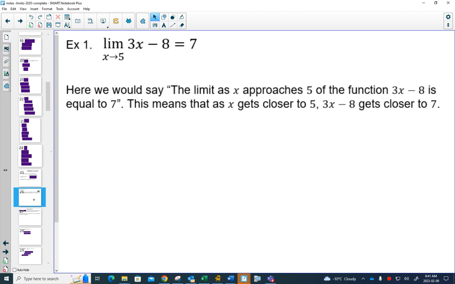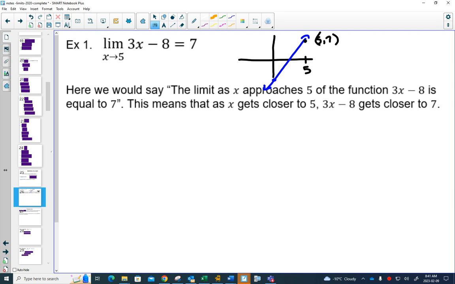In fact, if you have a graph like 3x minus 8, and limits are a lot about thinking what's happening graphically, it really helps you see it. If I drew 3x minus 8, you would have a y-intercept of minus 8, a slope of 3, and we have the point 5, 7 on that line.